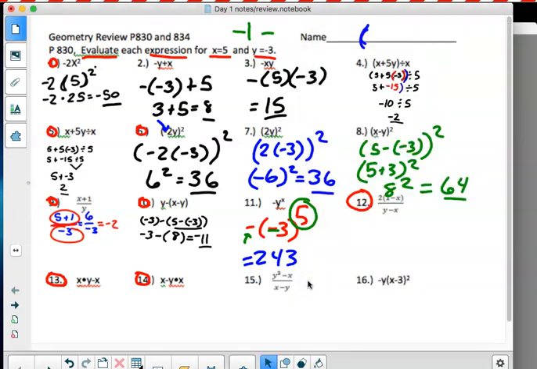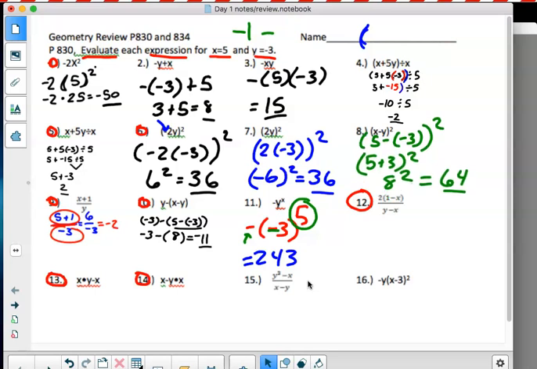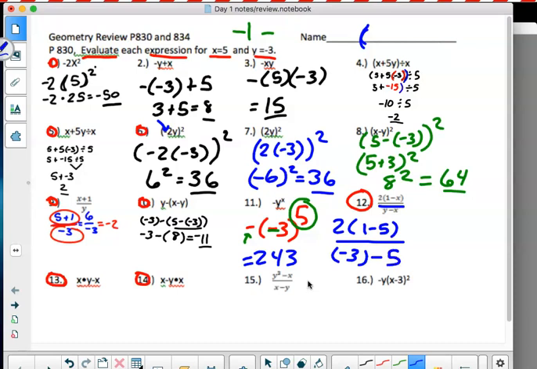Okay, now in 12 here, let's move these up. I have a combination of things, and look at this fraction bar. I have 2, 1 minus, now x again is 5, okay? And I have y, which is -3, minus 5, which is x. Now, I do everything on top, so I'm going to do the top stuff.